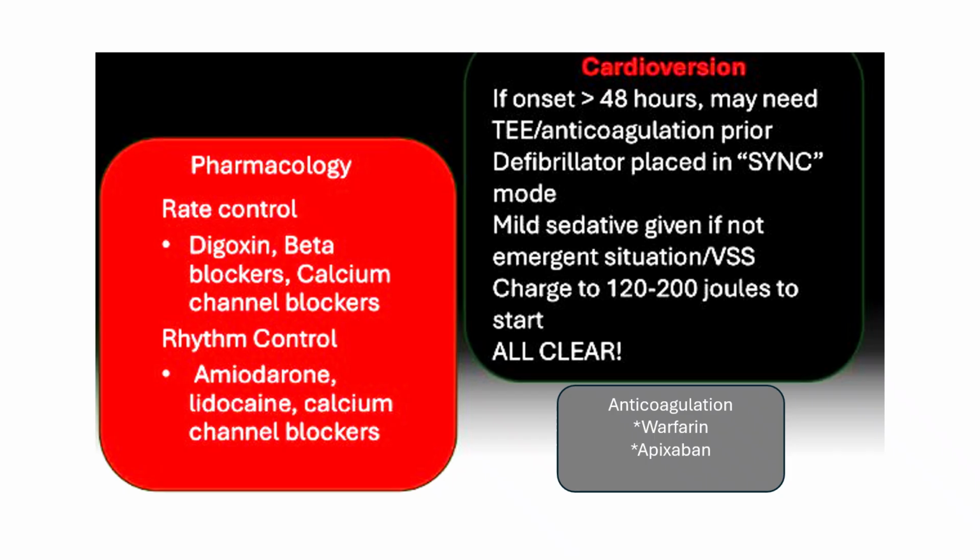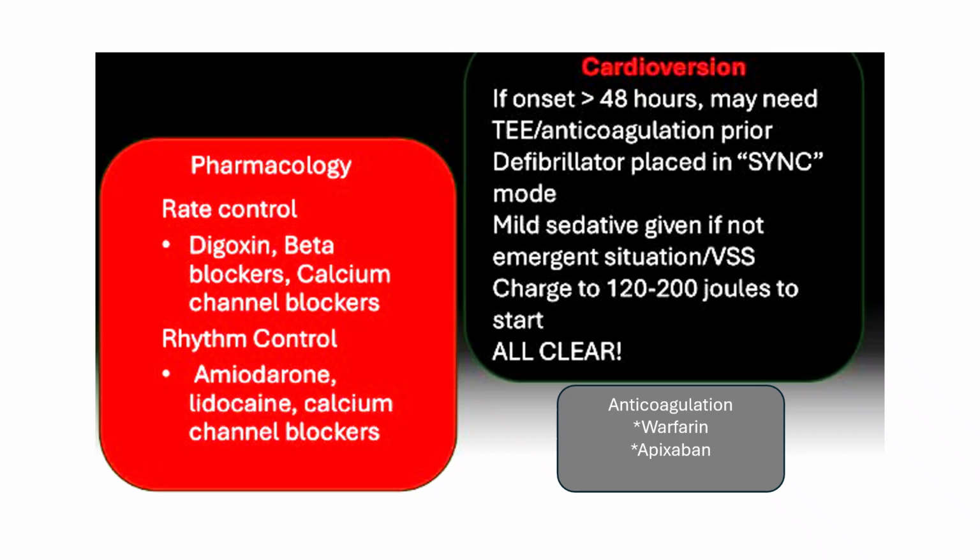The treatment options for AFib are going to differ depending on what type of AFib the patient is in and if the patient is stable or unstable. For example, for patients who are in paroxysmal and chronic AFib, elective cardioversion may be warranted.